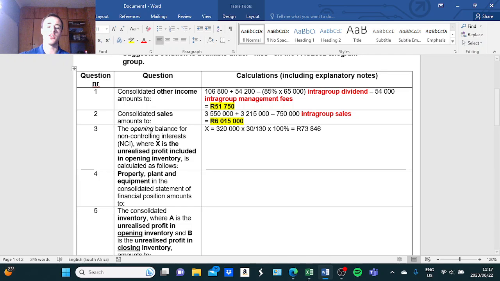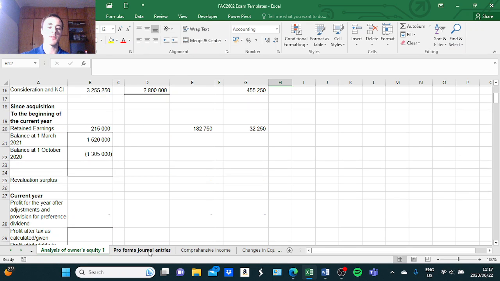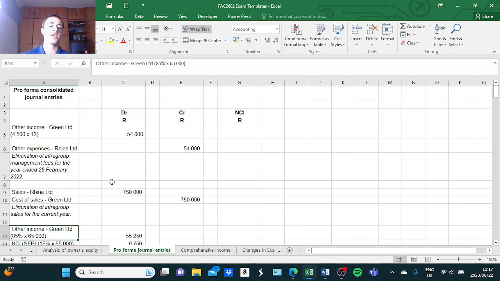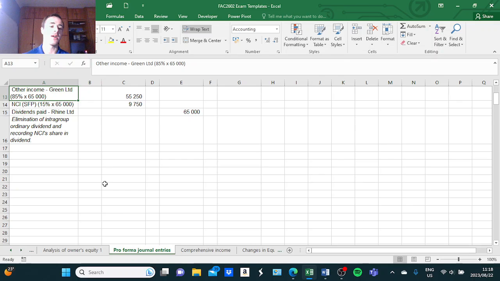So the journal entry to eliminate the unrealized profit in opening inventory, we assume that the profit has been realized in the current year. So therefore, we will credit cost of sales, because again, we need to increase the profit for Ryan Limited, the company that sold the inventory intergroup. We will do that by decreasing their cost of sales account. How do we decrease cost of sales? We will credit cost of sales.